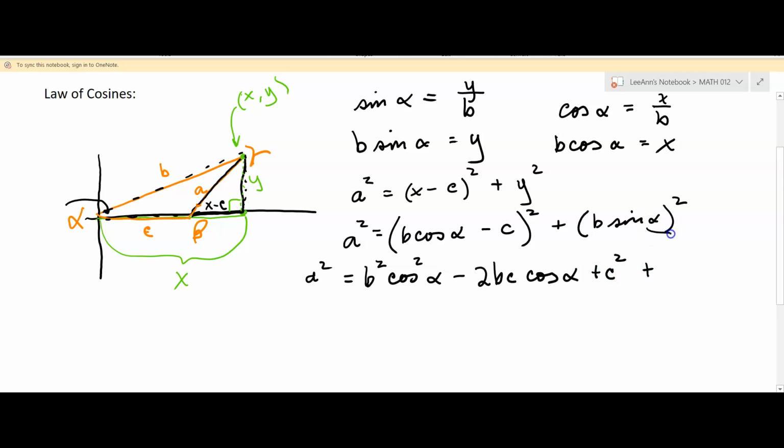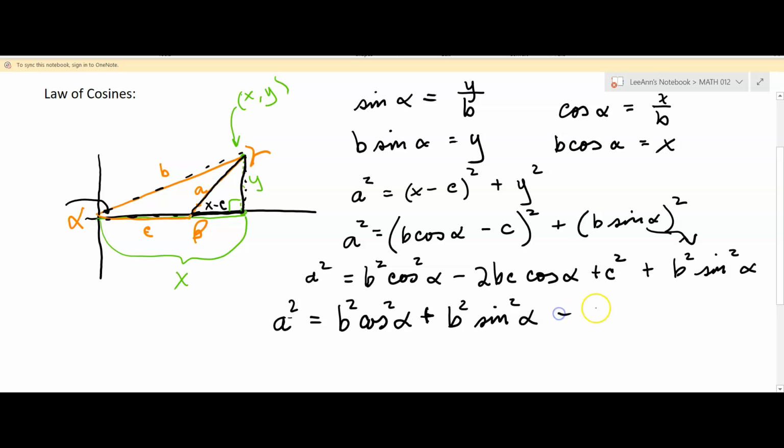Plus, then we're going to have this one, which is going to be b squared sine squared alpha. Okay? All right, now we're going to rearrange this a little bit. So I have b squared cosine squared alpha plus b squared sine squared alpha minus 2bc cosine alpha plus c squared.